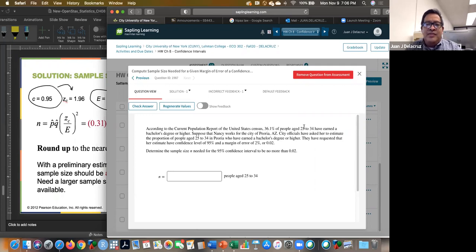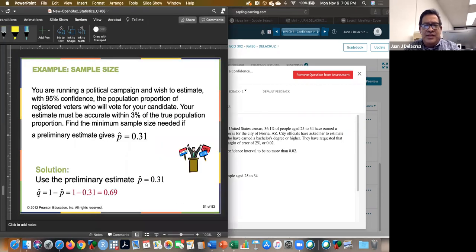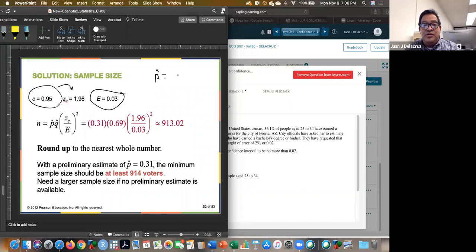So let me take a look at this, because I know that we have the confidence level. We need to find the C-score. In this case, you have previous information that this is 36% or 20-something%. So you can use this to estimate this P. And then based on this, you have the Q, which is 1 minus P hat, right?